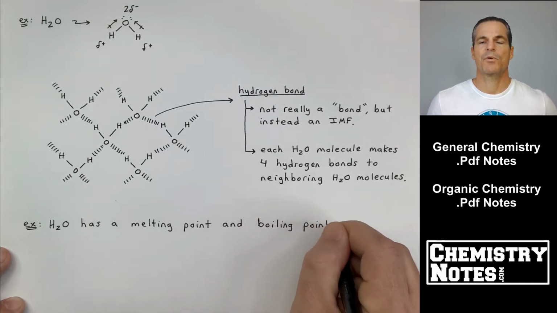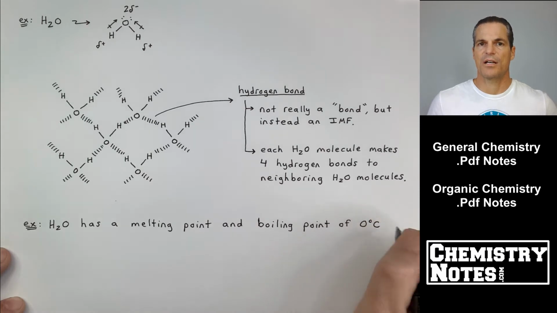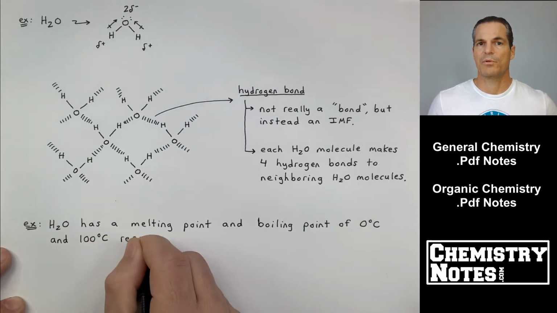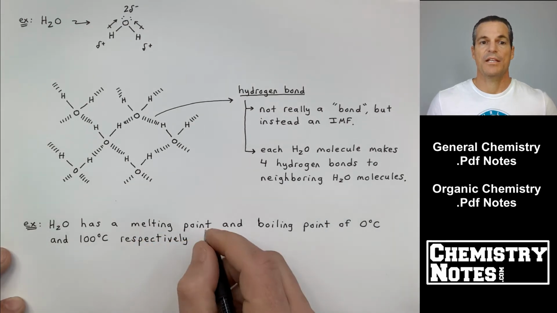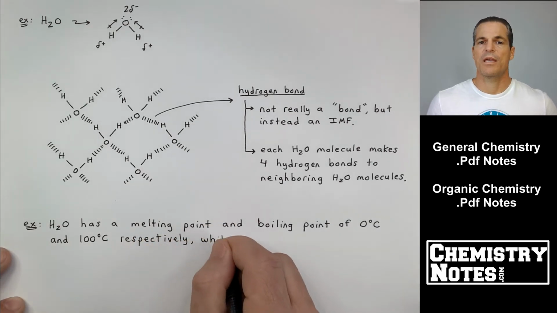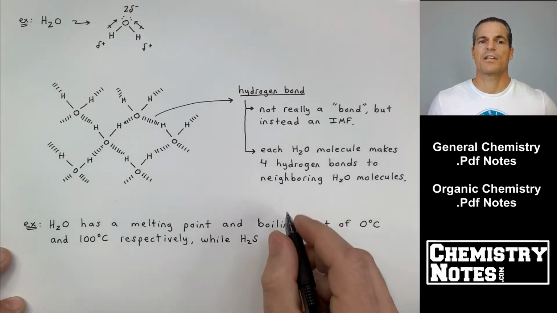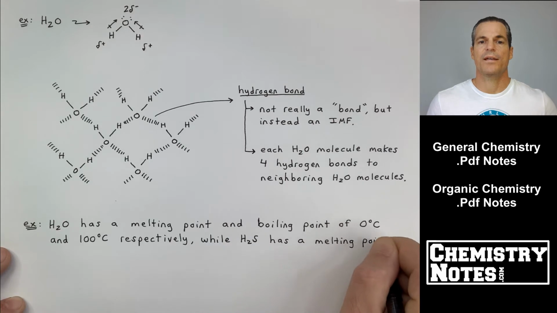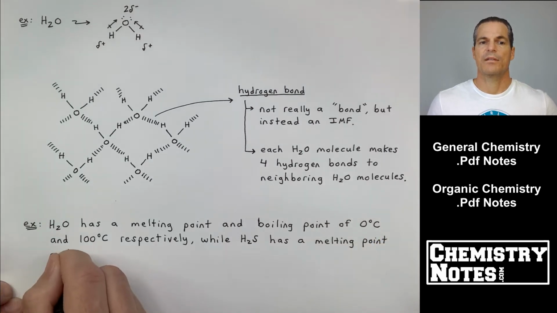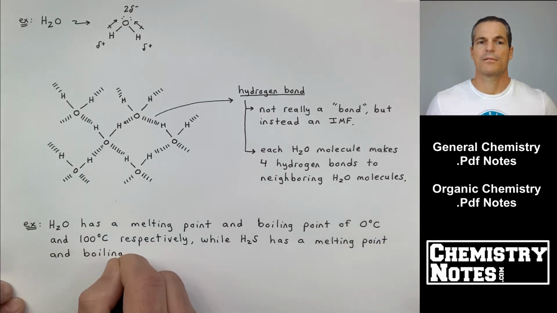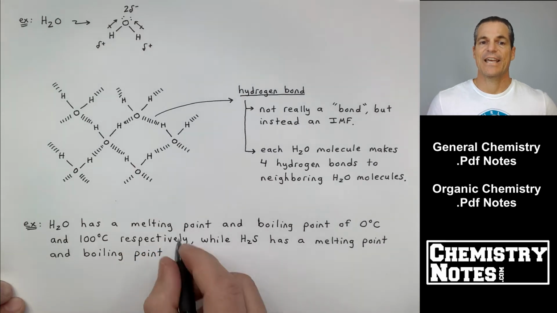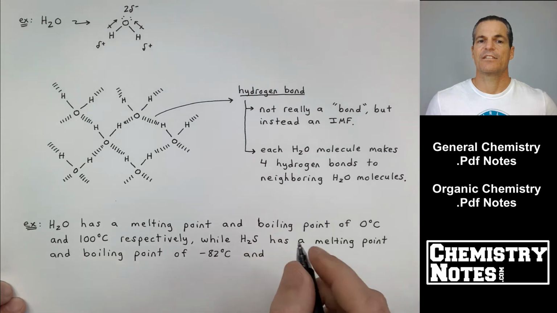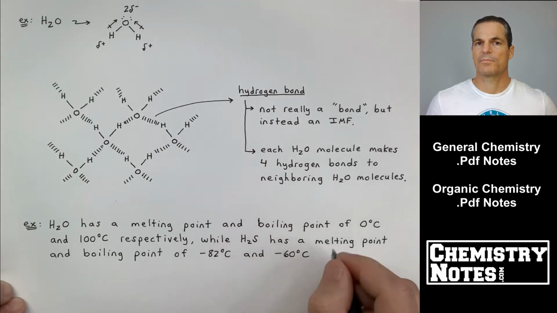All right, so here's a sample question that tests whether or not we understand hydrogen bonding versus a regular dipole-dipole force. Example: H2O has a melting point and boiling point of 0 degrees Celsius and 100 degrees Celsius, respectively, while H2S has a melting point and boiling point of negative 82 degrees Celsius and negative 60 degrees Celsius, respectively.